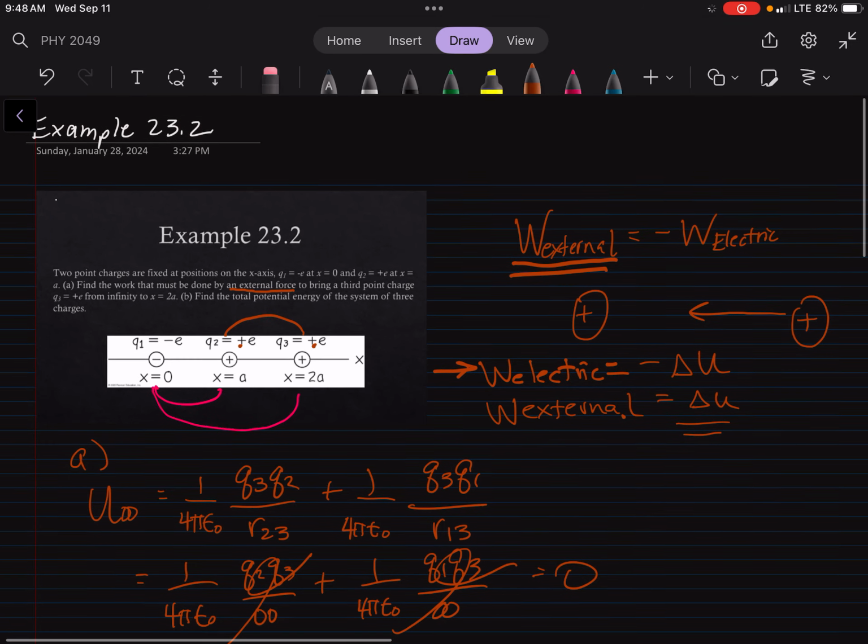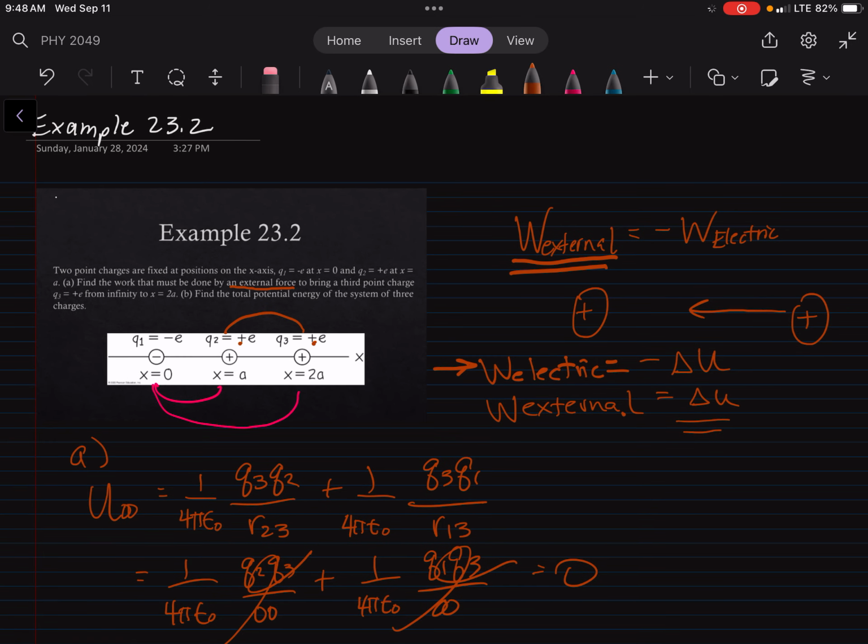So, find the total potential energy. Okay, so that's example 23.2. And so I know in the earlier slides I said we're going to change the conversation and talk about charge in terms of electric field, but here we are doing calculations of finite charges.